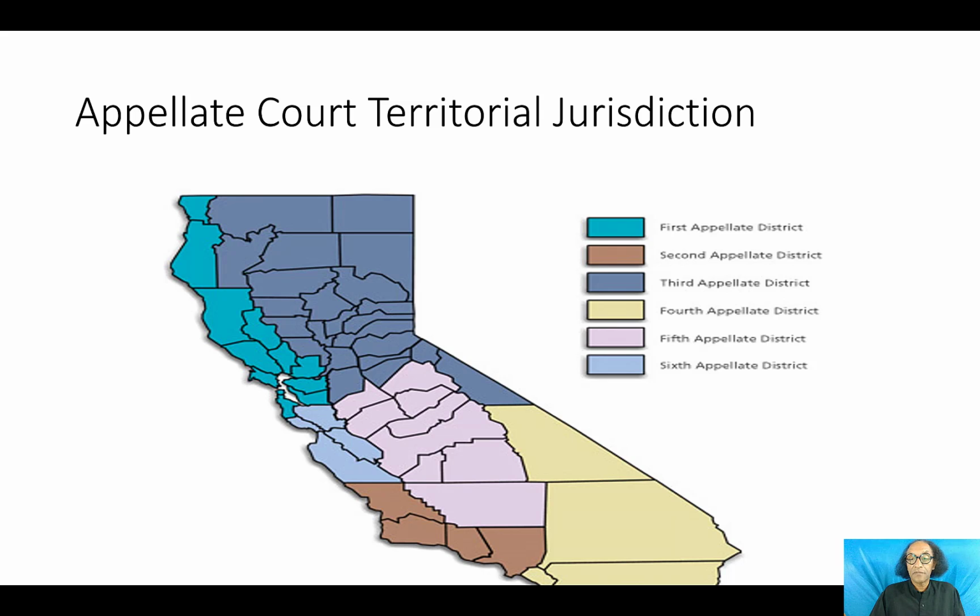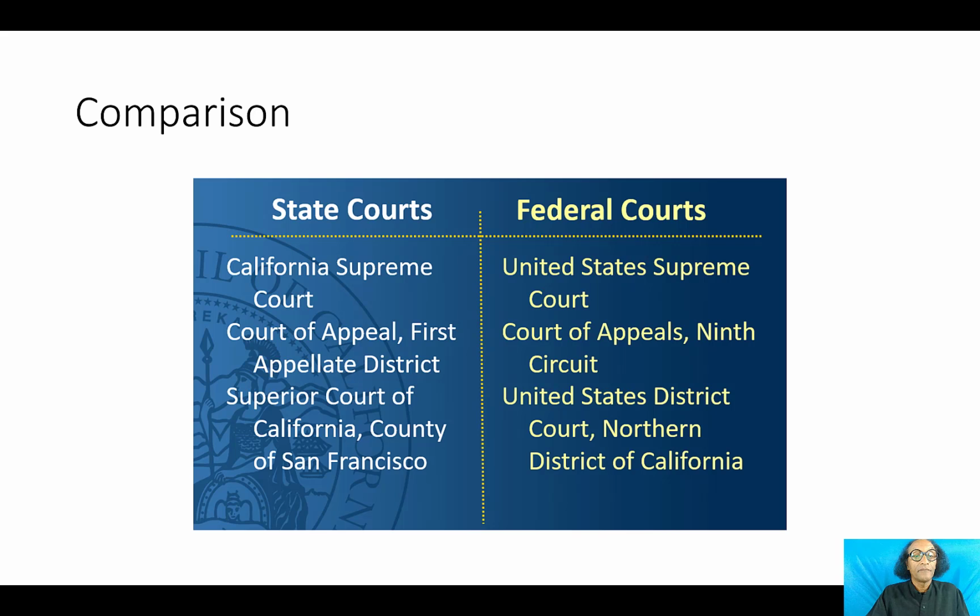As you can see, the first appellate district covers northern California, beginning further north in the state along the coastline, and as you can see, also the fourth appellate district, where we are, is in yellow. So this gives you a distribution of how the appellate courts are distributed throughout the state.